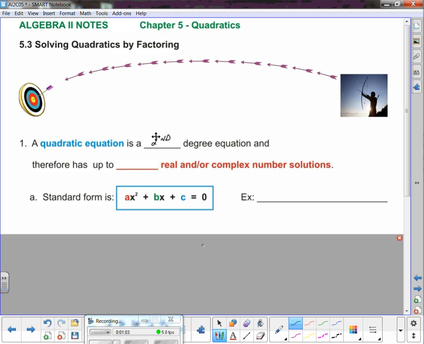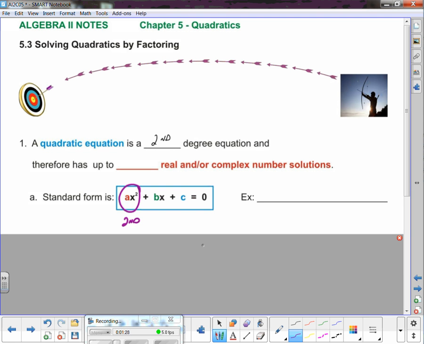So we were talking earlier about the degree of a polynomial, and the degree of a polynomial is the degree of the highest degree term. So if you look here at the standard form, there's the highest degree term. What's its degree? Second degree, and we have a quadratic.